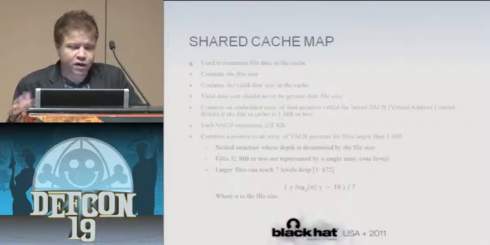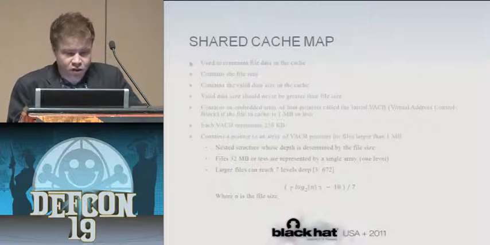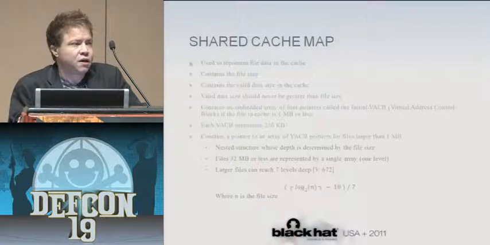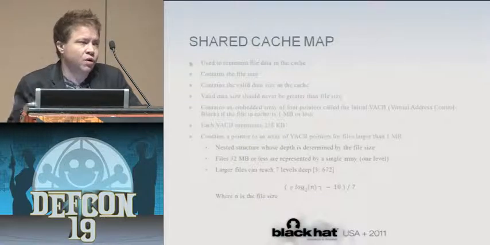You're probably going to have a lot of web images and so forth in the cache. They're going to be less than a meg in size, so let's keep it simple. Each VACB, I should mention, represents 256 kilobytes. So if you have 4 of those, obviously you can represent a 1 meg file.